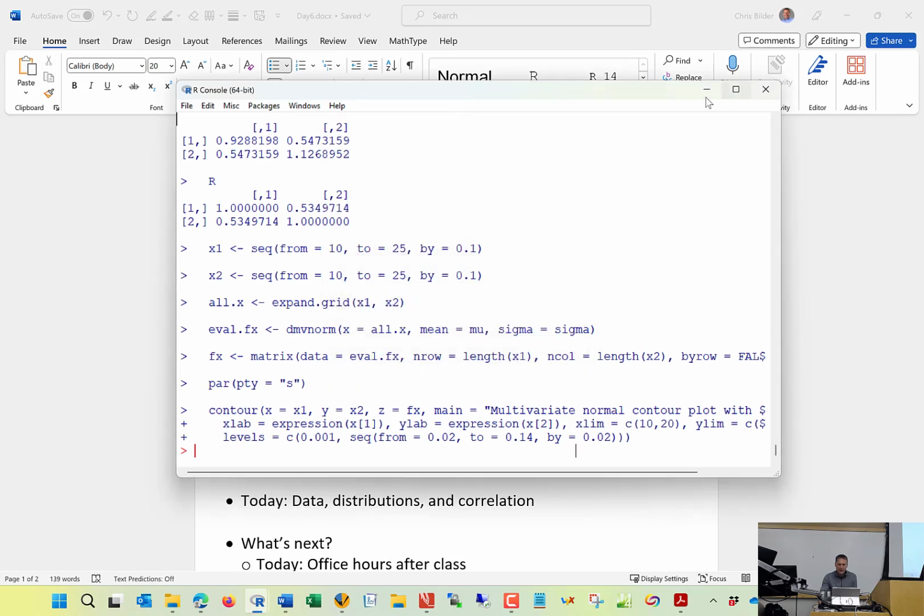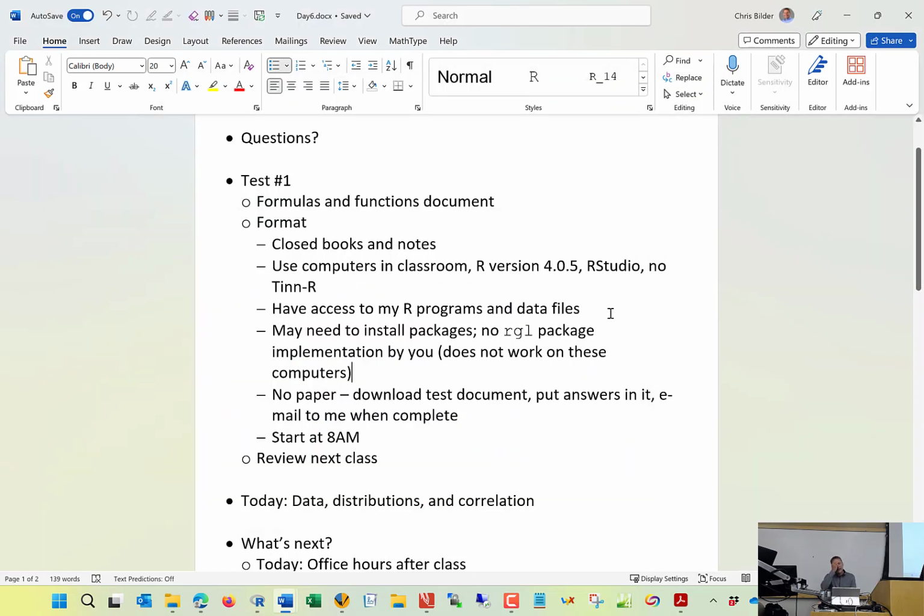With an older version of R, sometimes some packages may not install properly. The main packages we've talked about so far that you would need to download are RGL and MVT norm. MVT norm worked fine, RGL did not. Because of that, I will not have any questions where you would need to actually implement anything from RGL.